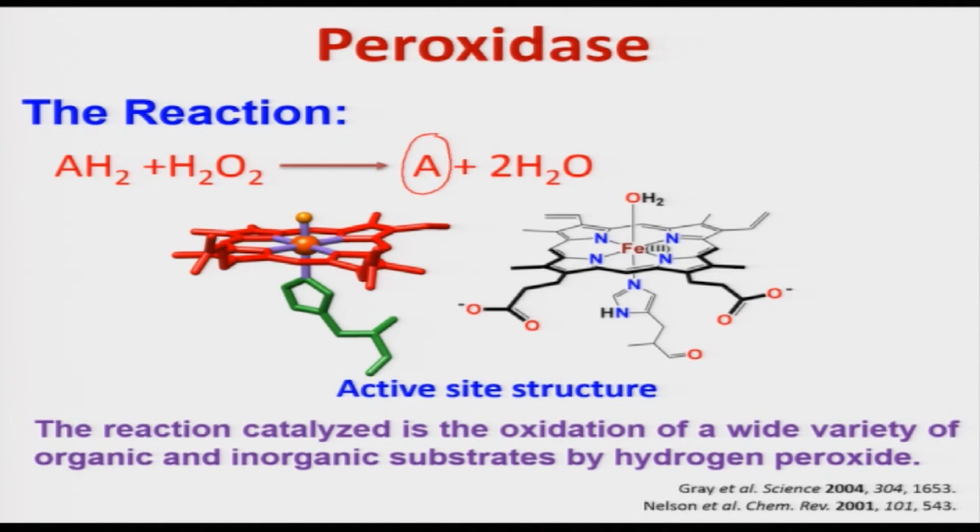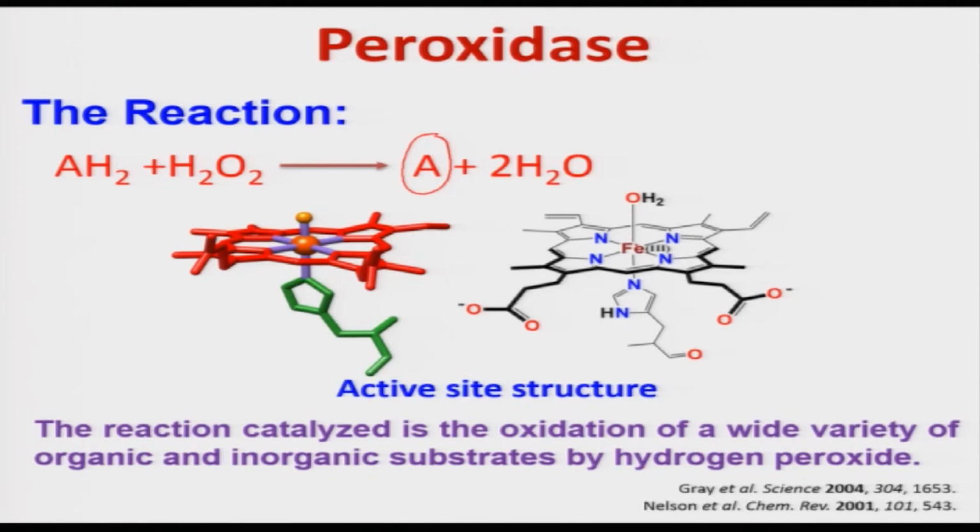The active site structures are shown over here, and as you can see, this iron is sitting at the middle, this is also iron 3, this is the heme center, and the fifth position is occupied by an imidazole group. So, it is an imidazolate form, and the sixth position again has the weak water molecule.